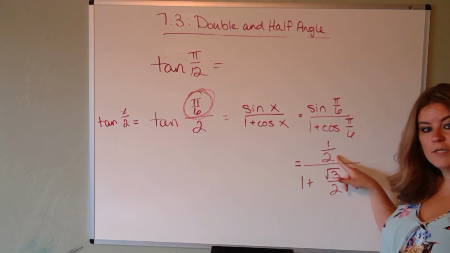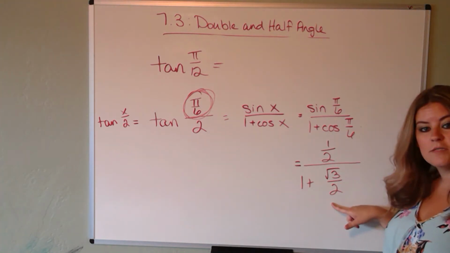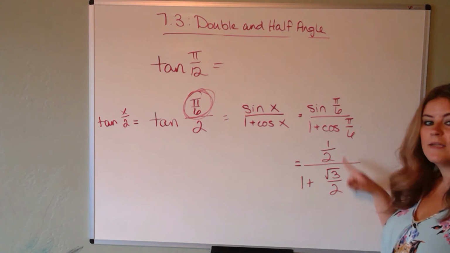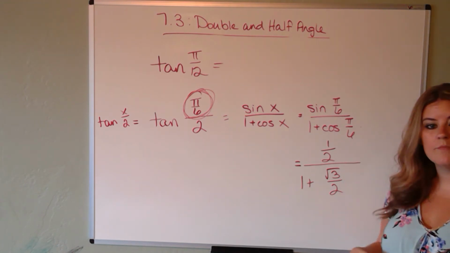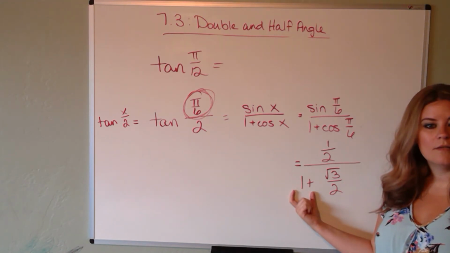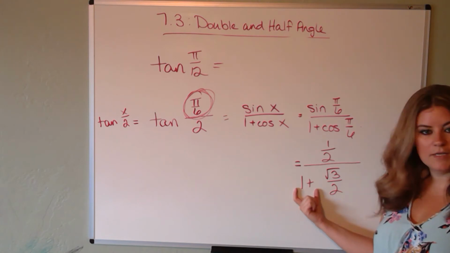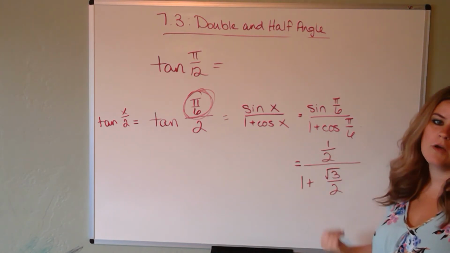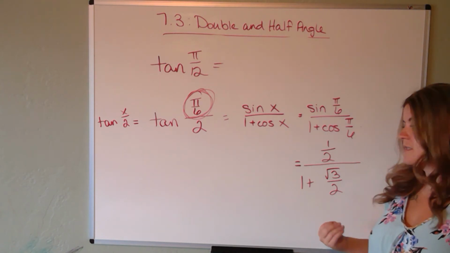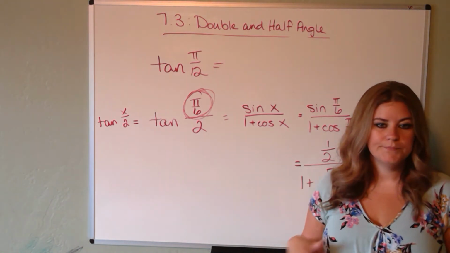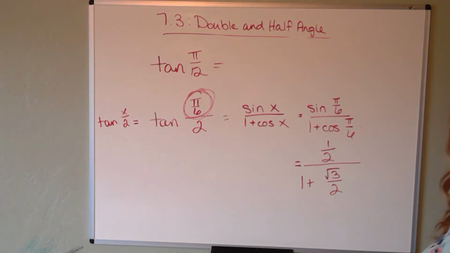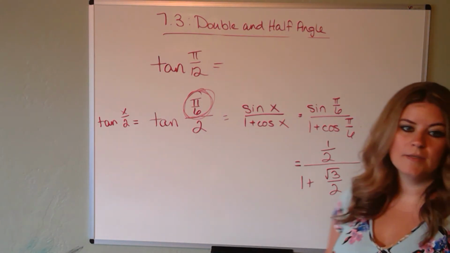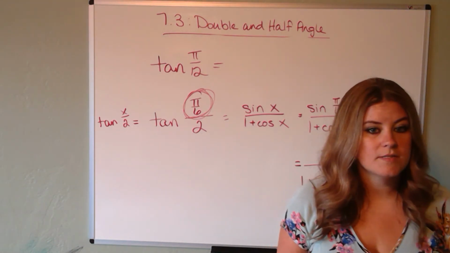You see a 2 in the denominator here and a 2 in the denominator here. You can't cancel those out like we have been doing, because of this 1 plus. That prohibits that. What I can do though is fix the fractions.